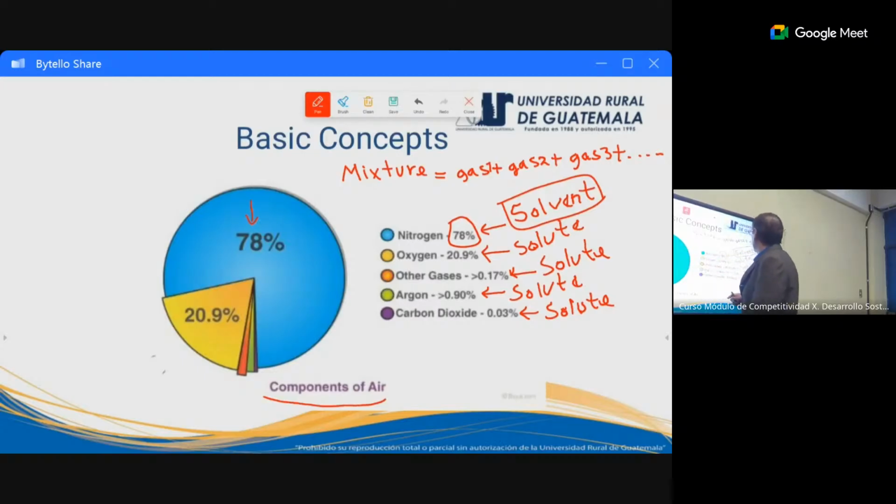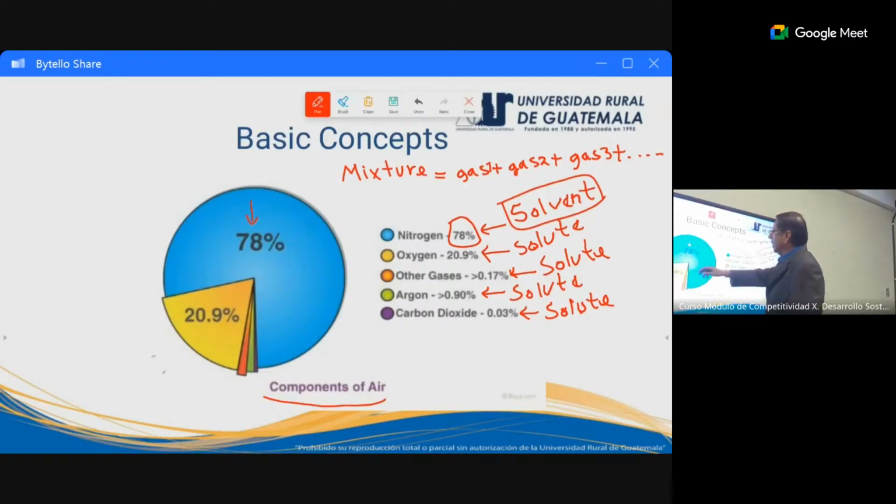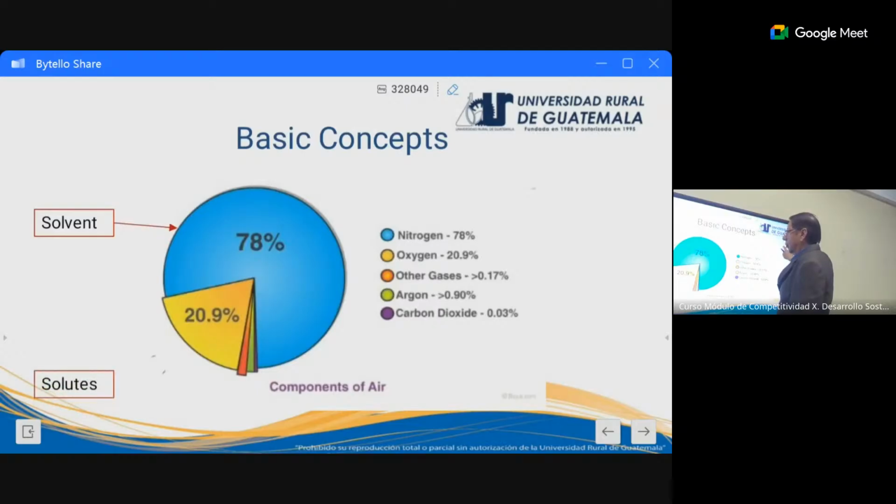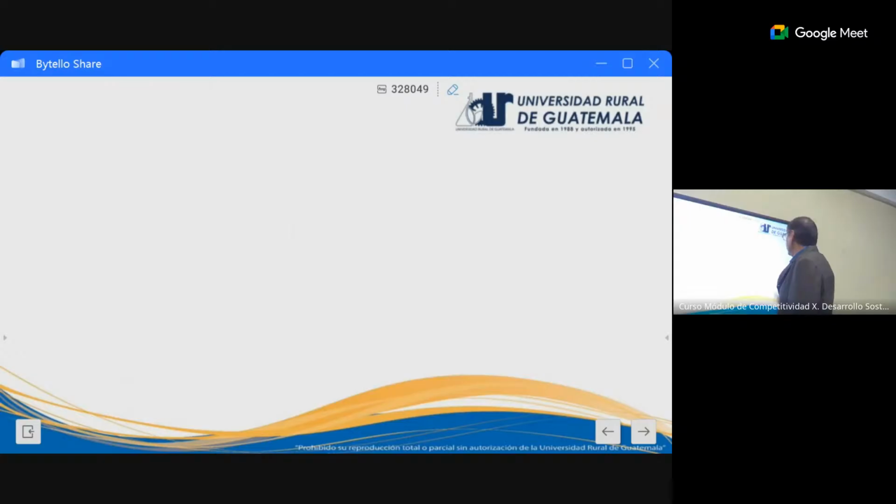So we are going to say that this will be the solvent, and the rest of the components will be the solutes because they are in a lower amount. Okay, so this is the difference between the solvents and also between the solutes. Okay, so these are the main concepts here.